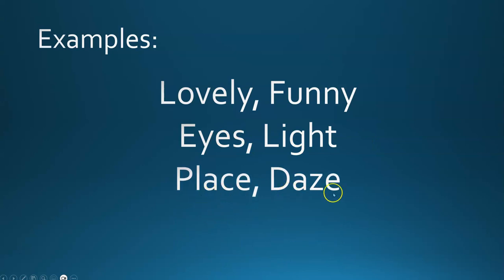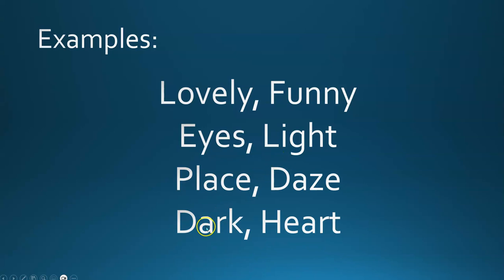Place, days. Again, a different thing. And then last but not least, dark and heart. There's the hard K and then the hard T. Dark, heart. So those would be considered sort of rhymes, which would become slant rhymes.